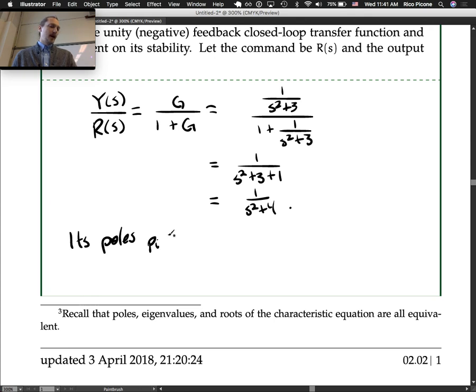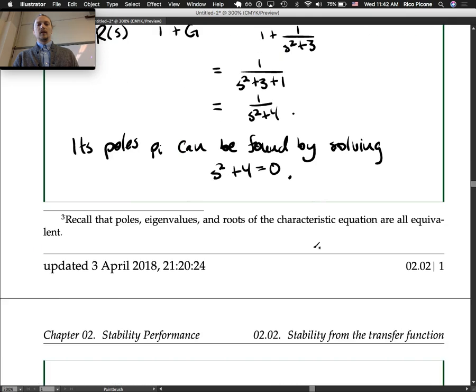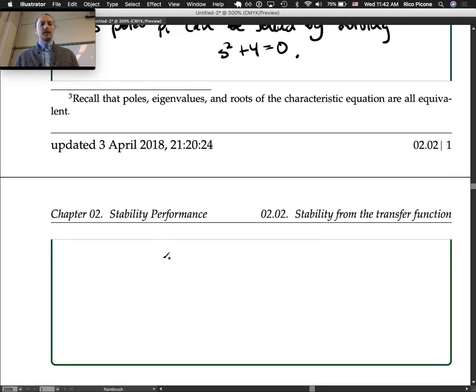So the poles, p_i, can be found by solving for the values of S for which the denominator is equal to 0, right? And so what values are those?